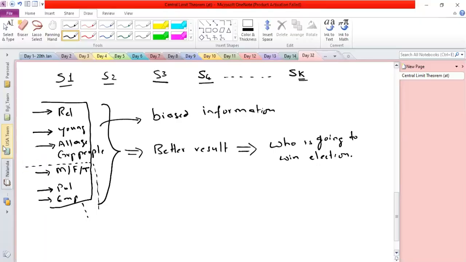Okay. So the question is, when I'm including different segments of people into my sample data, how many such segments do I have to include? That is one question that will come to your mind, because so many varieties of people are possible in a democratic country, or in any country ruled by religion.